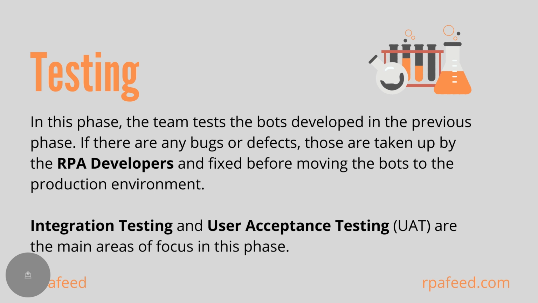If there are individual testers in your team, they will be testing. Otherwise, it's the responsibility of the RPA developers to test and fix the bots before moving to the production environment. So integration testing and user acceptance testing are the main areas of focus in this phase.